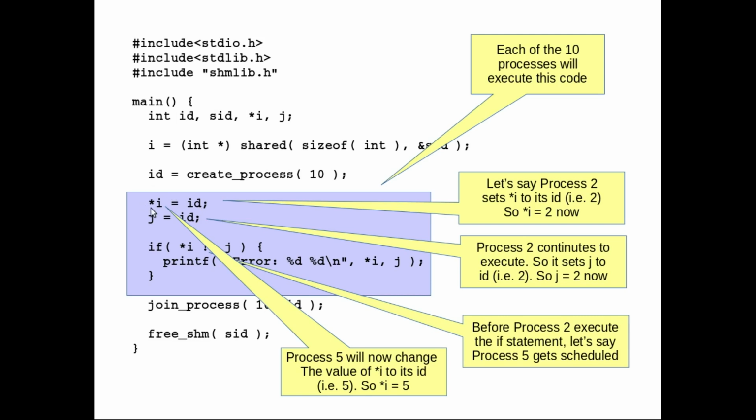So 5 will be stored in the shared variable, whereas the private variable j of process 2 remains as 2 only. So later on, when process 2 comes back and tries to execute the if statement, we have a situation where the shared variable has the value 5, whereas the private variable j of process 2 is equal to 2, and hence star of I will not be equal to j, and the error message will be printed.